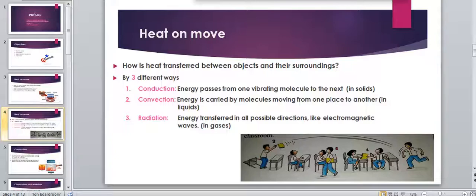A cold object placed in a warm place will absorb heat from its surroundings, causing its temperature to rise. And on the other hand, a warm object will lose heat to its surroundings, causing its temperature to fall. So this transfer basically takes place in three different ways. One is conduction, the other is convection, and the third is radiation.